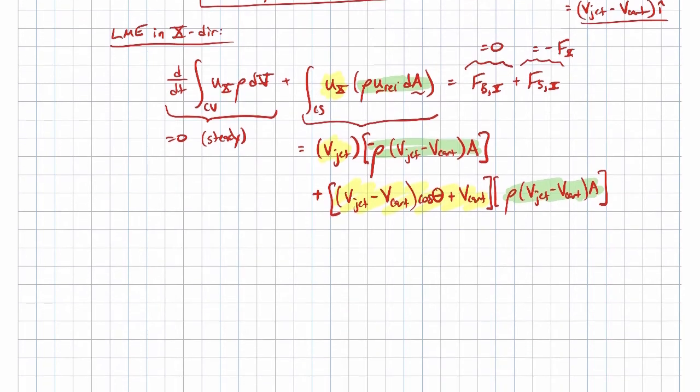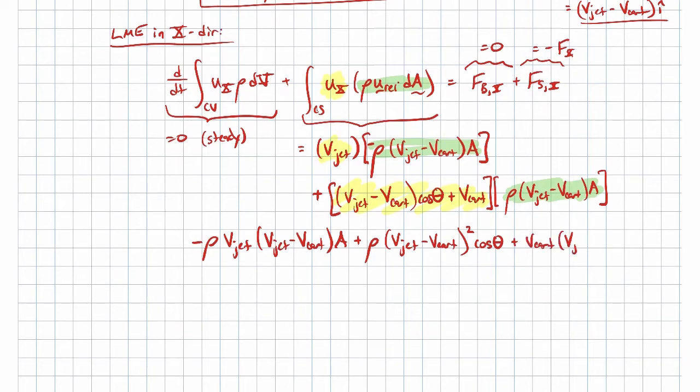Okay. Well, now if we go ahead and simplify this, on the left-hand side, we're going to have a minus rho v jet minus v cart times the area plus a rho v jet minus v cart squared times cosine theta. I'm multiplying through this times that, plus v cart times v jet minus v cart.